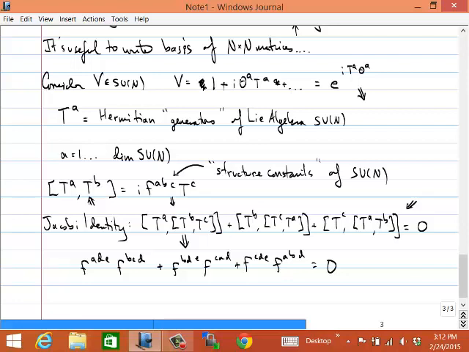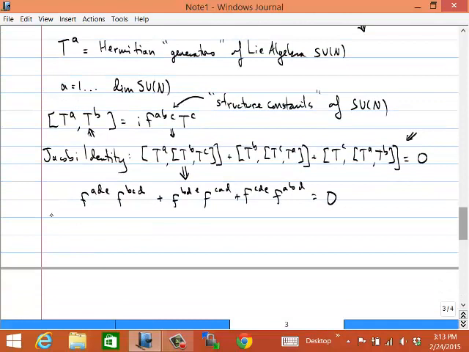Okay. So so far I've introduced the T^A as n by n matrices that come when you expand a unitary matrix near the identity, and I've just observed that they obey this Jacobi identity.